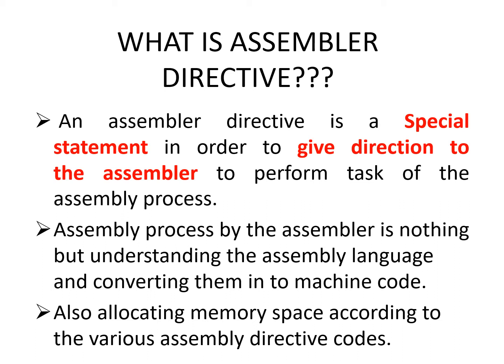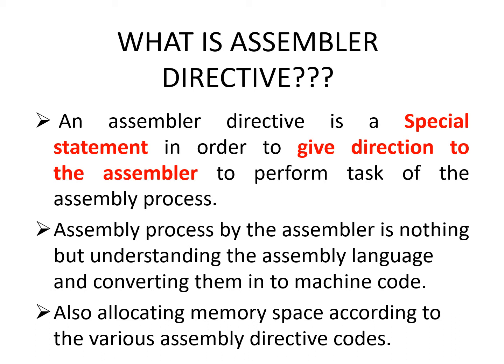So we need to give a direction to the assembler on how the instructions have to be converted into machine code and how much memory space a particular instruction will take, like LDA 4500, STA 4500. These are all called 3 byte instructions. MVI C, 20 is a 2 byte instruction.